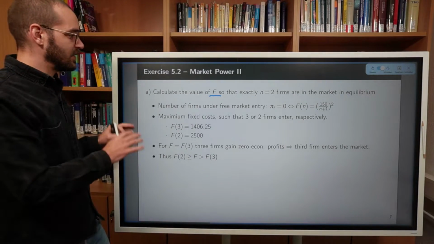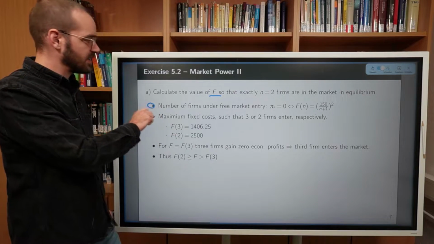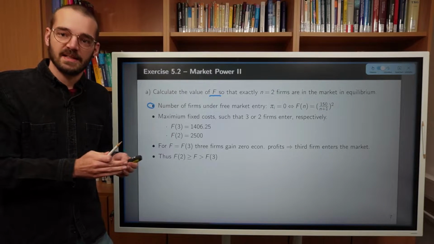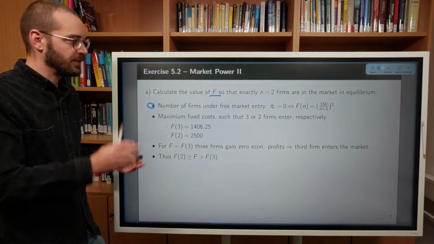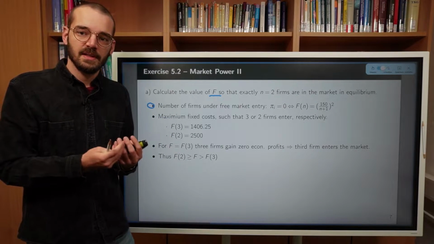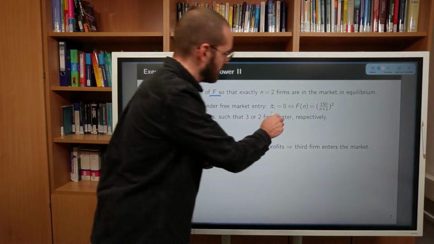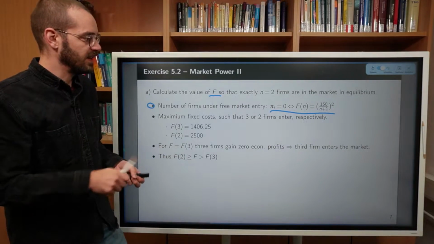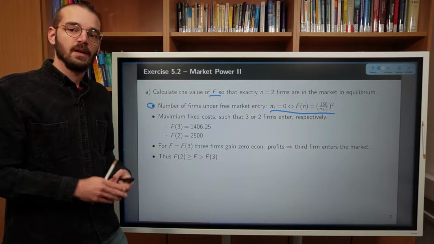Remember that, as we discussed in the previous exercise, the number of firms under free entry is defined by the condition in this first bullet point, namely that the profit of each individual firm needs to be 0.